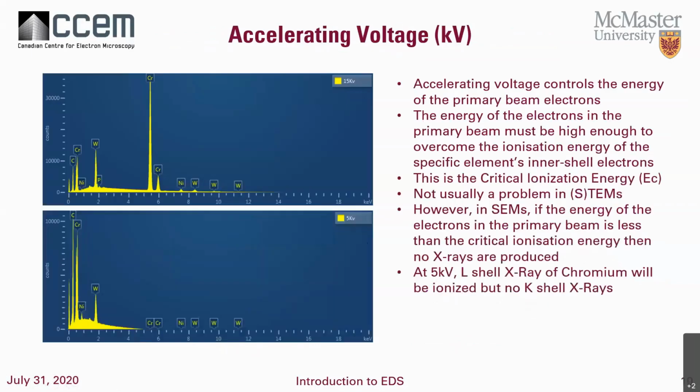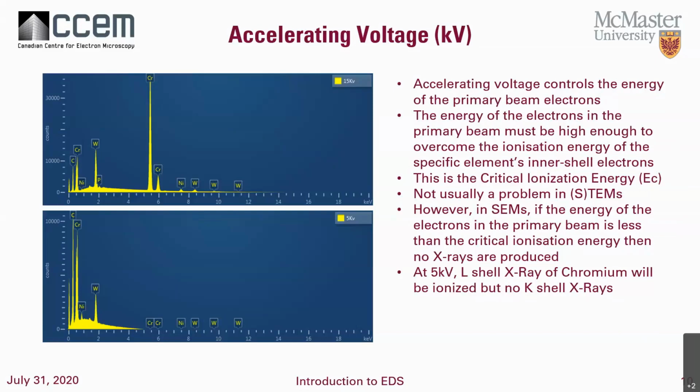Now the primary electron beam, you'll set the energy of that by using the accelerating voltage, or kV. Now, the energy of the electrons in the primary beam must be high enough to overcome the ionization energy of the specific element that you're looking at within the material, and of the particular inner shell electron.